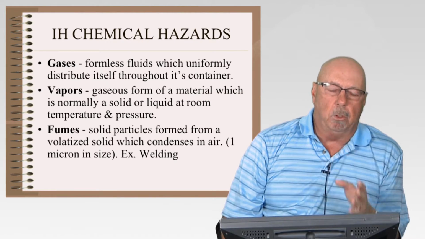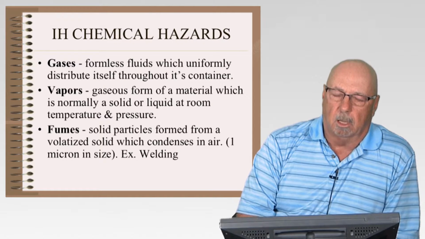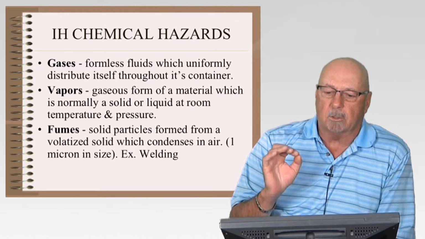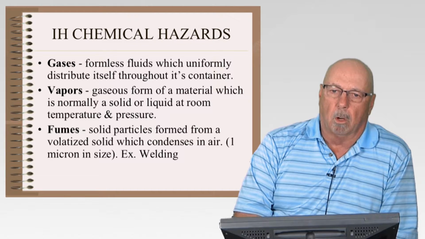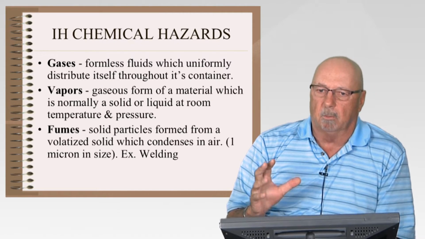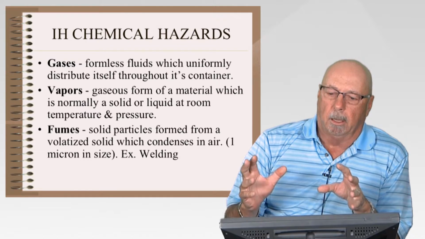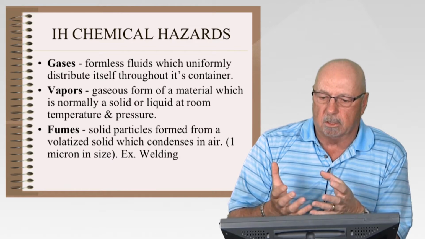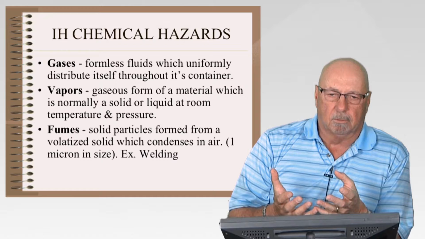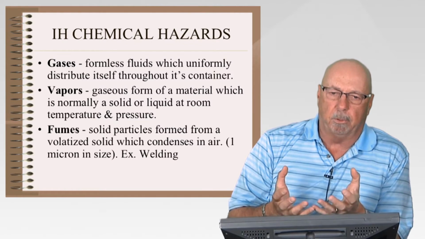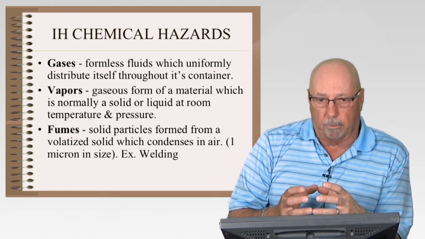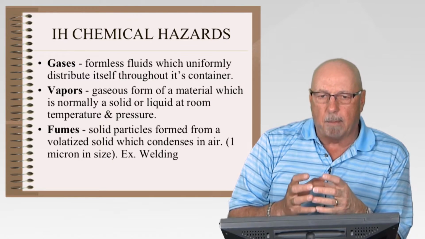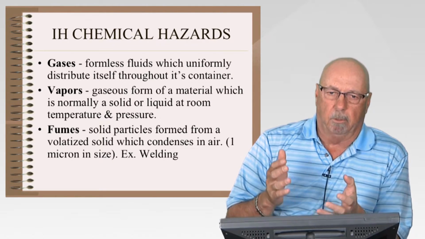And then we have fumes. The term fumes, as we mentioned before, refers to solid particles that are formed from a volatile solid which condenses in air. If you can imagine taking a piece of steel or metal of some type and applying high temperatures to it, and looking at it under a welder's helmet, you would see that metal melt and form a liquid.